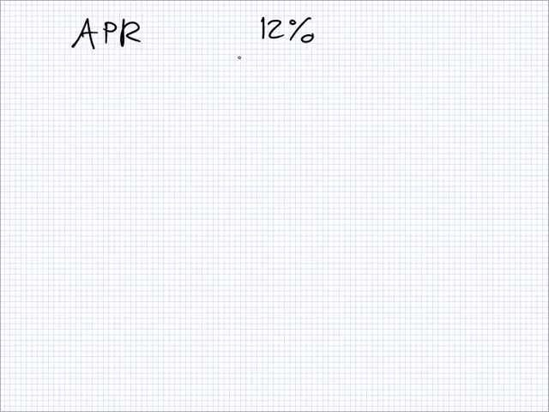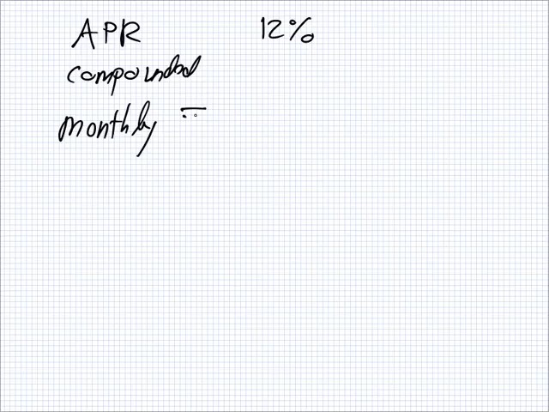Right, so here I'll have APR 12%. And if we do it compounded monthly, what does that mean? That means the bank will do 12% divided by 12 per month.